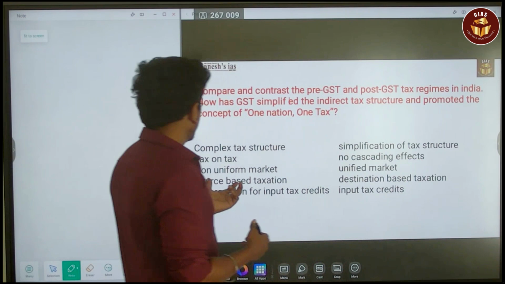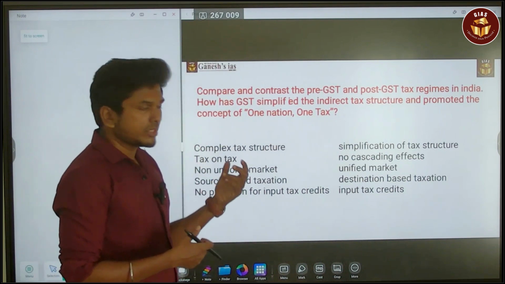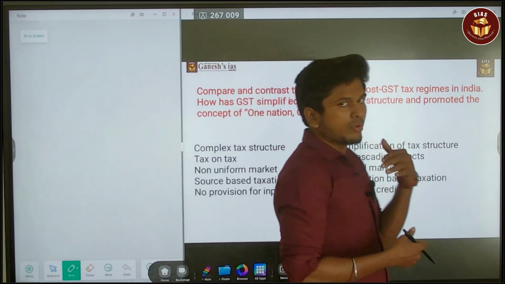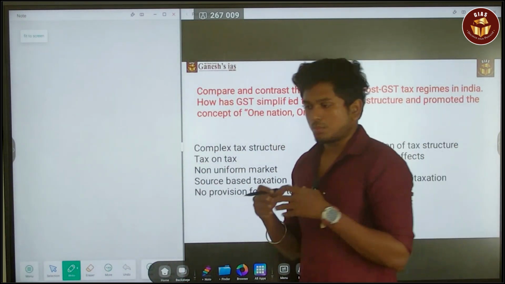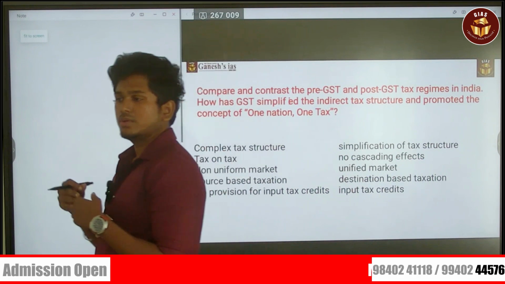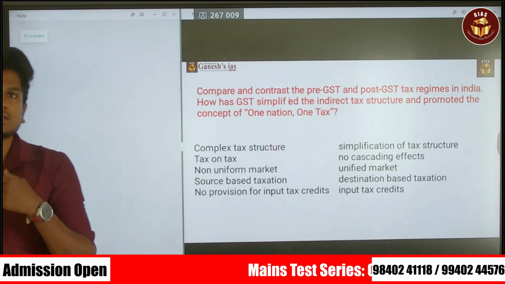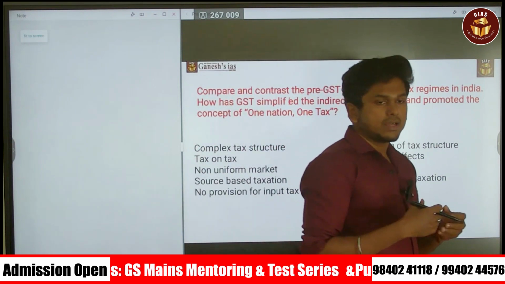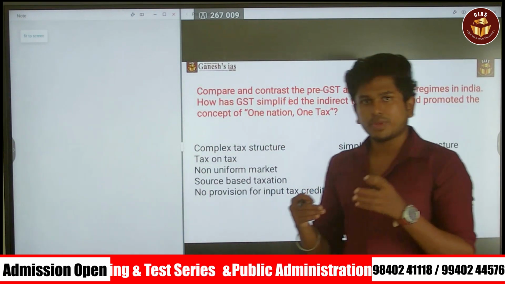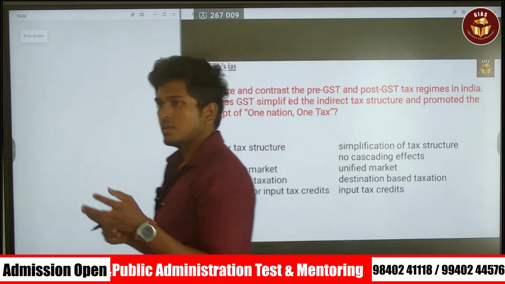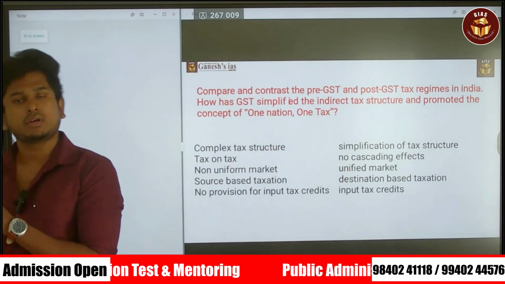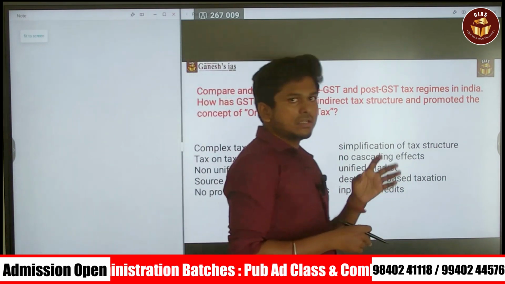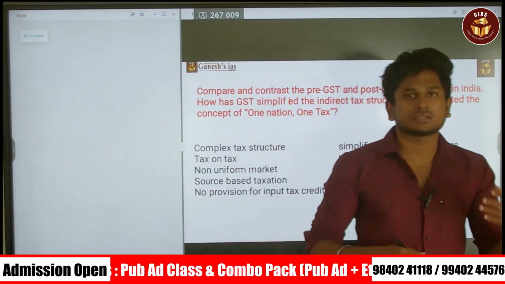Okay. Next, source-based taxation in the earlier method, now it is destination-based tax. Consider that I am a producer producing goods in Tamil Nadu, and I am selling it to a consumer who is in Maharashtra. Earlier the consumer needed to pay the tax, and the tax went into the state revenue of Tamil Nadu. But after GST it goes to the state of Maharashtra.